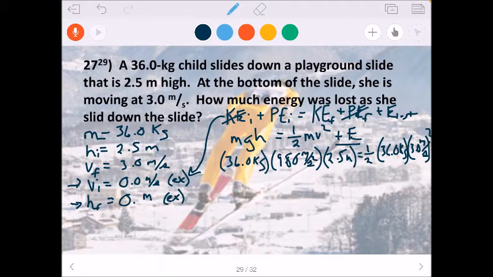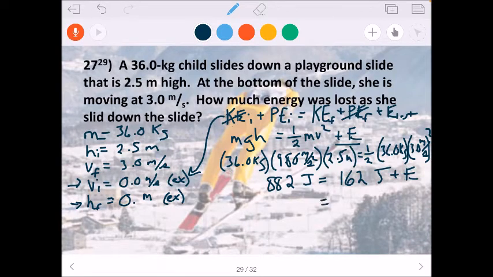Multiplying out, I get on this side 882 kilogram meters squared per second squared, which is joules. And that is equal to, if I take 1/2 of my 36, that gives me 18. Then if I multiply by 3 squared, which is 9, that gives me 162, also in joules, plus the amount of energy lost.